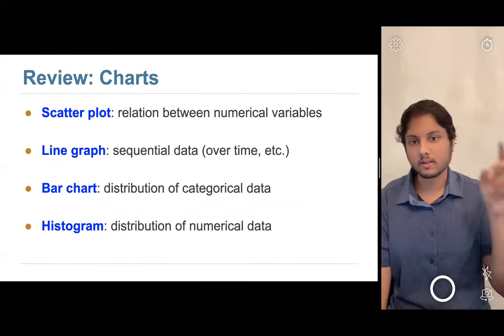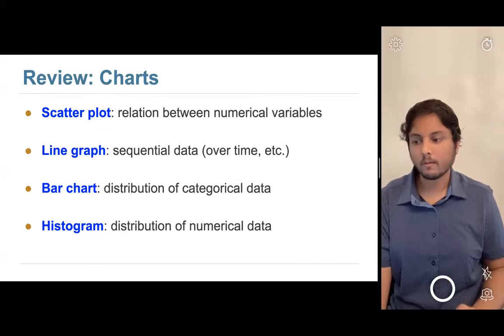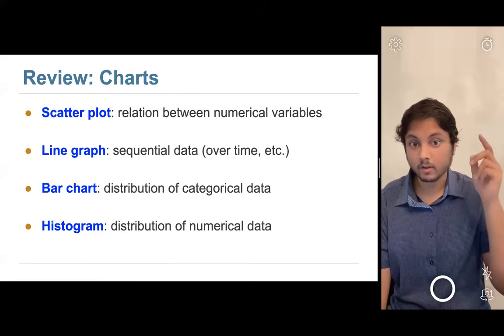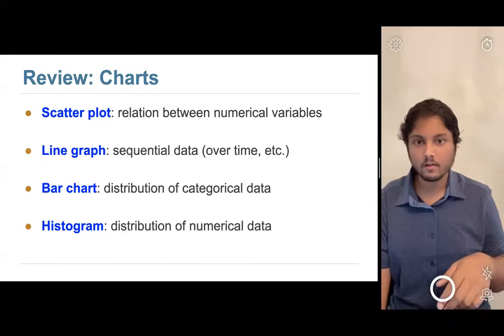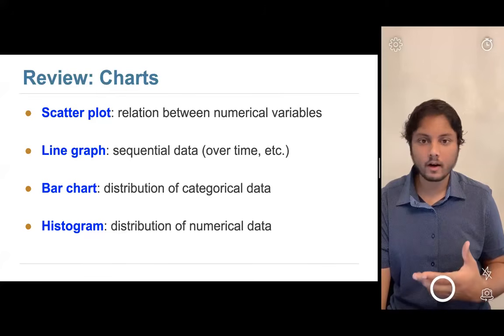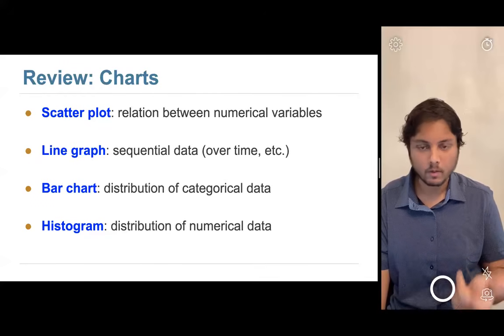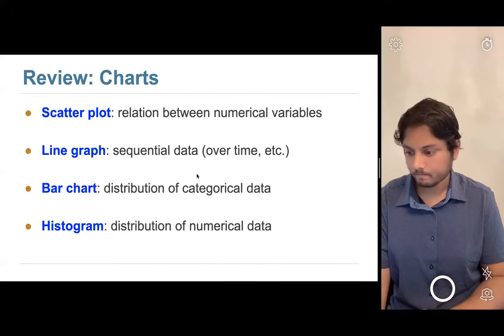And so that's why it makes sense to draw a line through it. If you have any situation where for one value of x, you could have multiple values of the y-axis, then you wouldn't really use a line graph. That's why line graphs typically make a lot of sense for things like time, where you only have one observation per time, things like that.